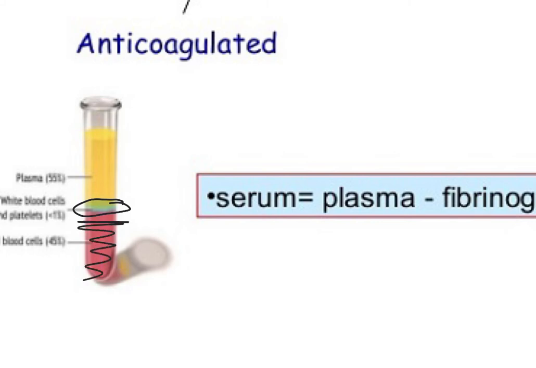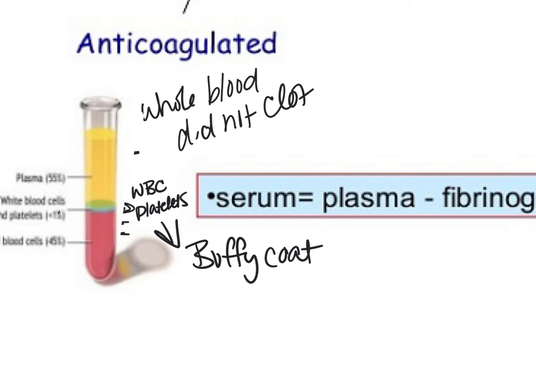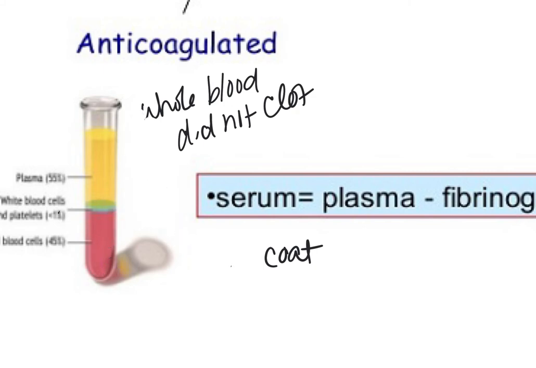And then right here, this layer, this is our white blood cells and our platelets. We call this the buffy coat, all right? It is important to remember that thin white layer between our plasma and red blood cells is called the buffy coat, all right? Very important to remember that.